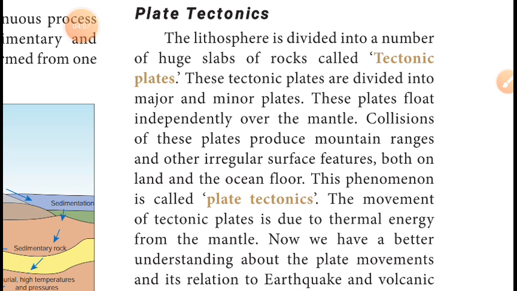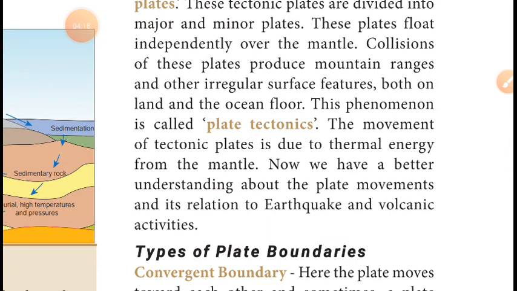This phenomenon is called plate tectonics. Plate tectonics is nothing but two or more plates colliding with each other. They produce some landforms, like plateaus, plains, and coastal areas. That is called plate tectonics.